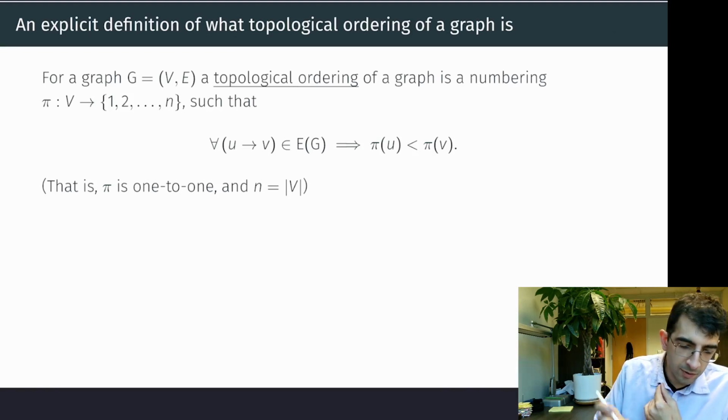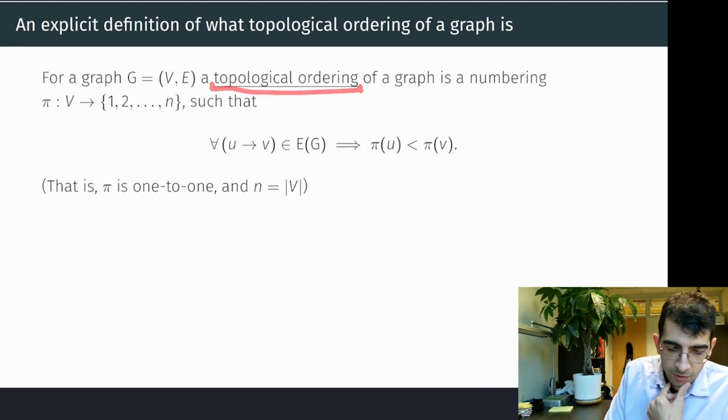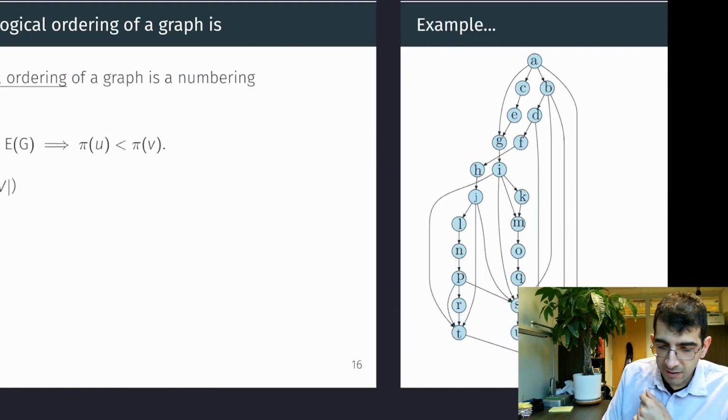So again, this is just an explicit definition of topological ordering, and it's simply stating that the topological ordering is a numbering of the vertices such that the direction of the edges is maintained.